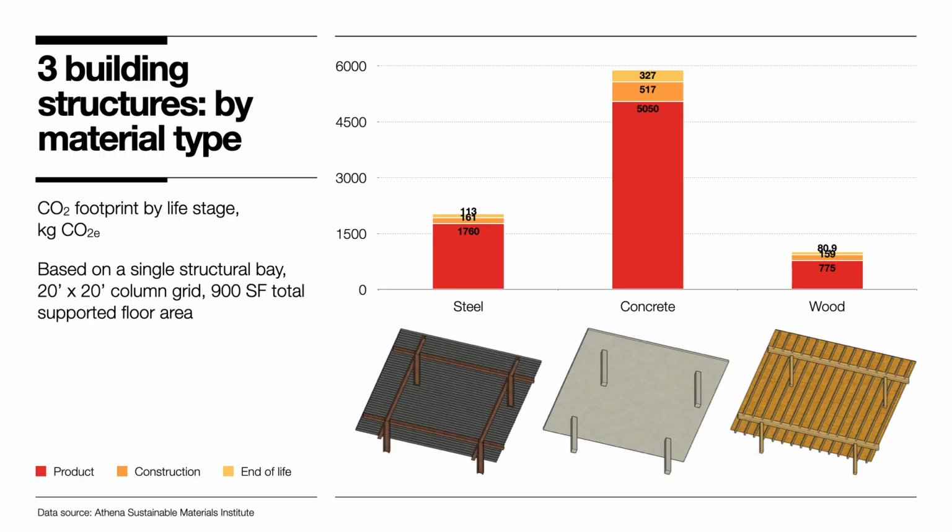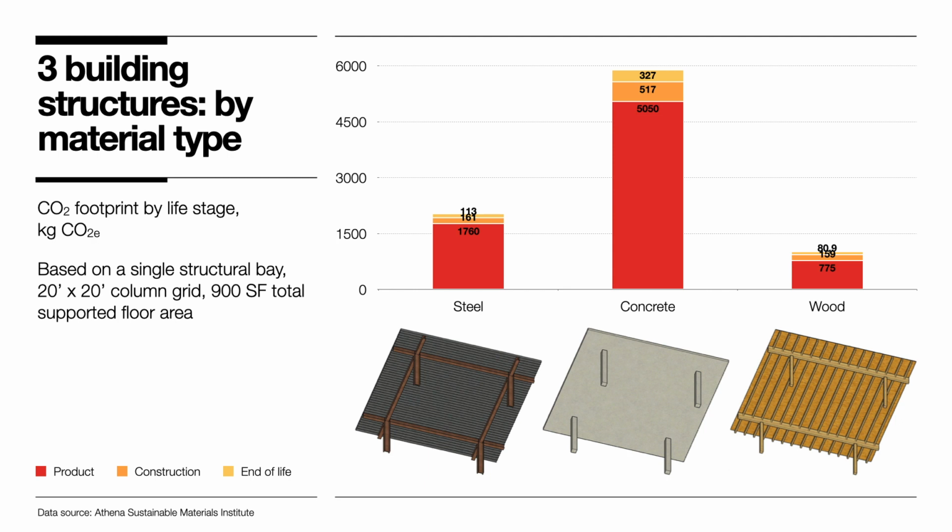And something we also know, when we look at primary structure types and those materials, steel, concrete, and wood, and in this case, I'm comparing those three structures in a very generic way based on the same kind of carrying capacity, this kind of structural functionality. If you were to engineer a system to support a certain load, let's say.